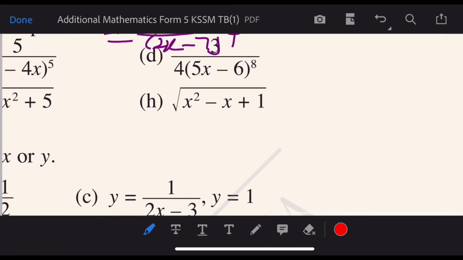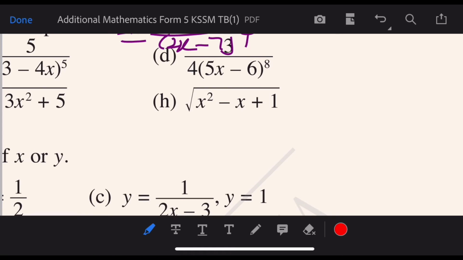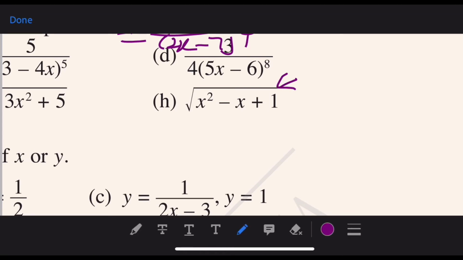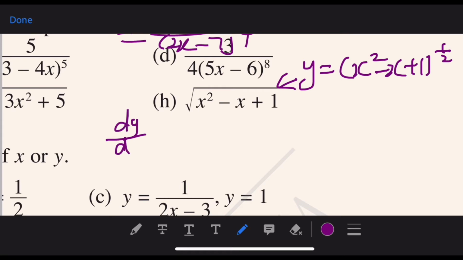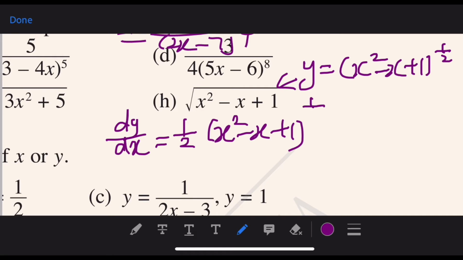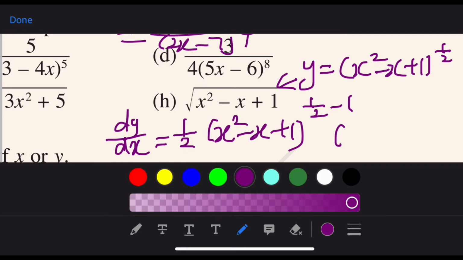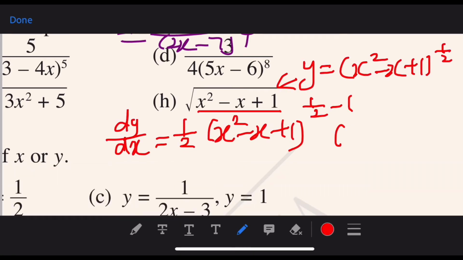Alright, let me see. How about this one? Choose this one to do. Okay, let's say this is my y. I will write x squared minus x plus 1, and I will write power half for the square root. Okay, I do here dy dx is equal to 1 over 2 times x squared minus x plus 1. I copy everything. It's easy, right? Copy. Minus 1, 1 over 2 minus 1. You can press your calculator, and then I will differentiate inside the bracket, 2x minus 1, right?